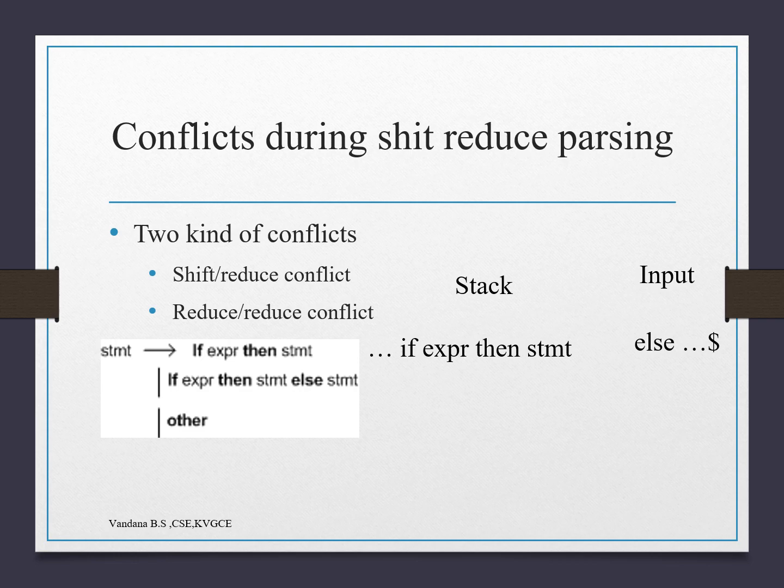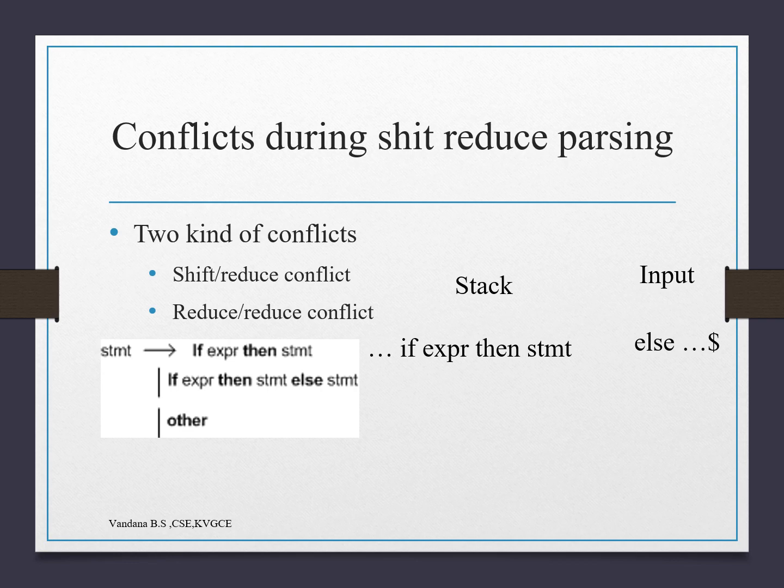We know that this is an ambiguous grammar. So if we have a shift reduce parser in a configuration where we don't know the rest of the stack content, but the stack top is if expression then statement, and the current input is else followed by something.